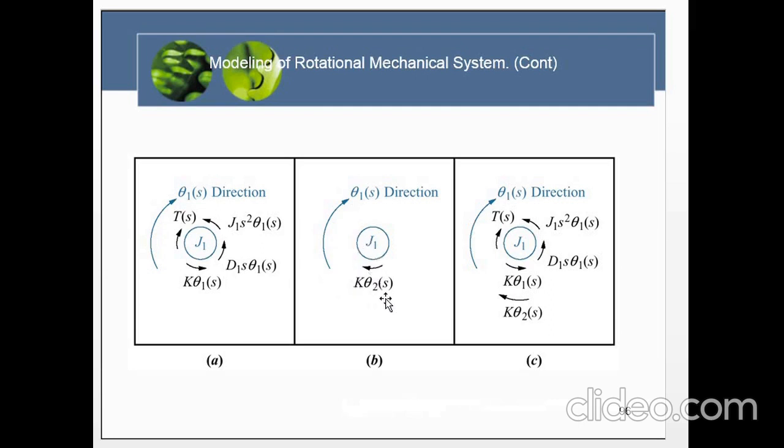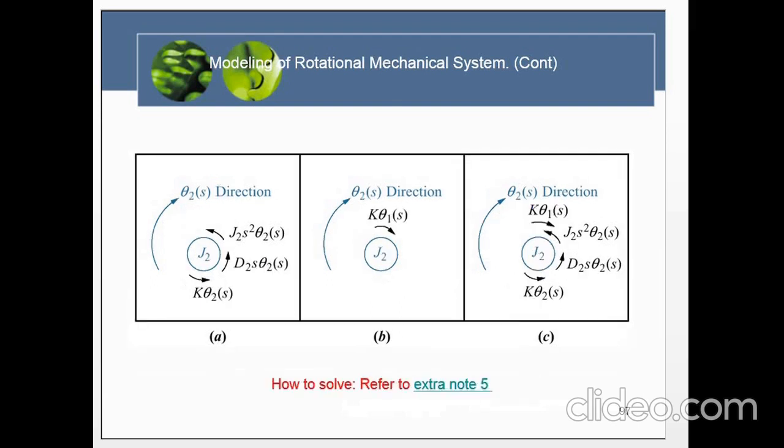It is based on the effect of the spring related to the movement of part 2 of the system. Okay, and it is the combination of all this, and it is the complete force that works in J1. Okay, next for J2.